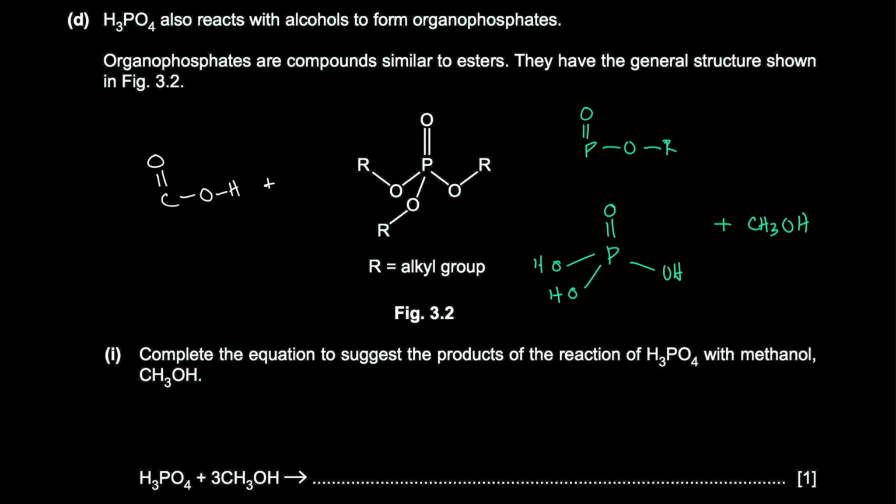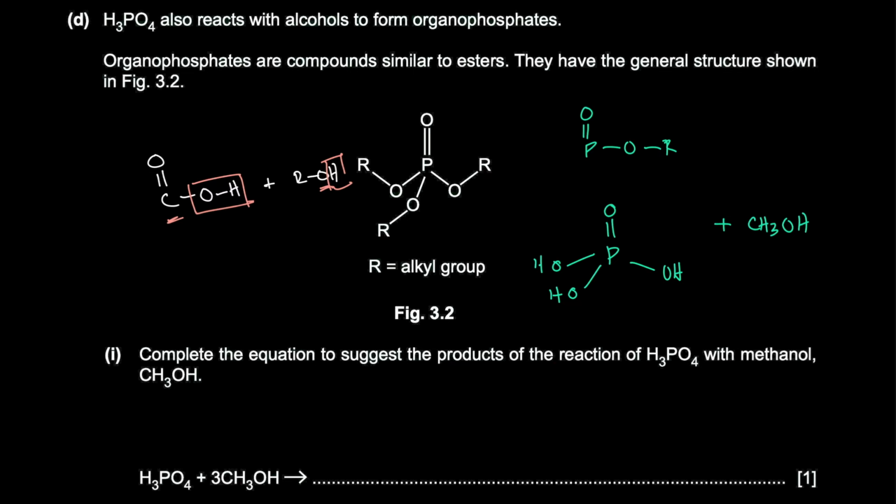With esterification, if you remember, the oxygen from the alcohol bonds to the C double bond O from the acid. The OH is removed from the acid and the H is removed from the alcohol. So a similar thing will happen here.